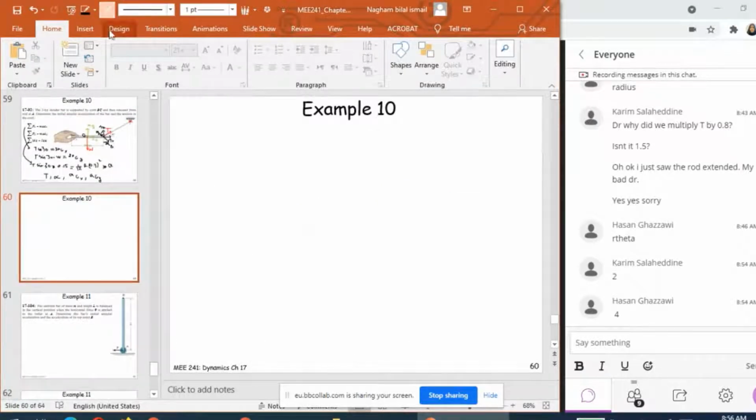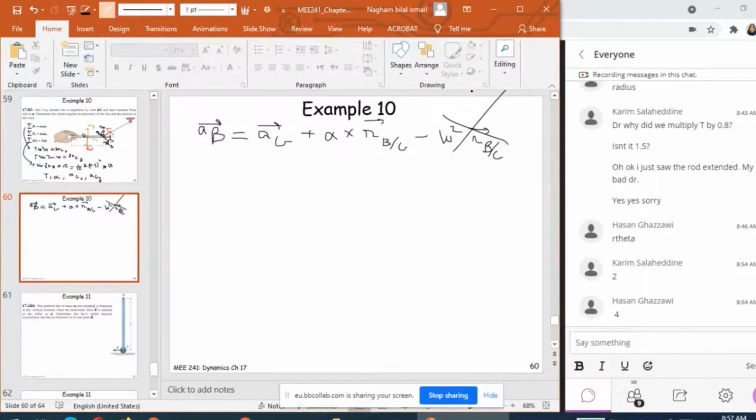So this is how you use kinematics in kinetics, guys. And I know that AB is equal to AG plus alpha cross R B with respect to G, which means GB, plus or minus omega squared RB with respect to G. Since I have to find this acceleration at this instant, this means that omega is equal to 0 and this term will vanish.